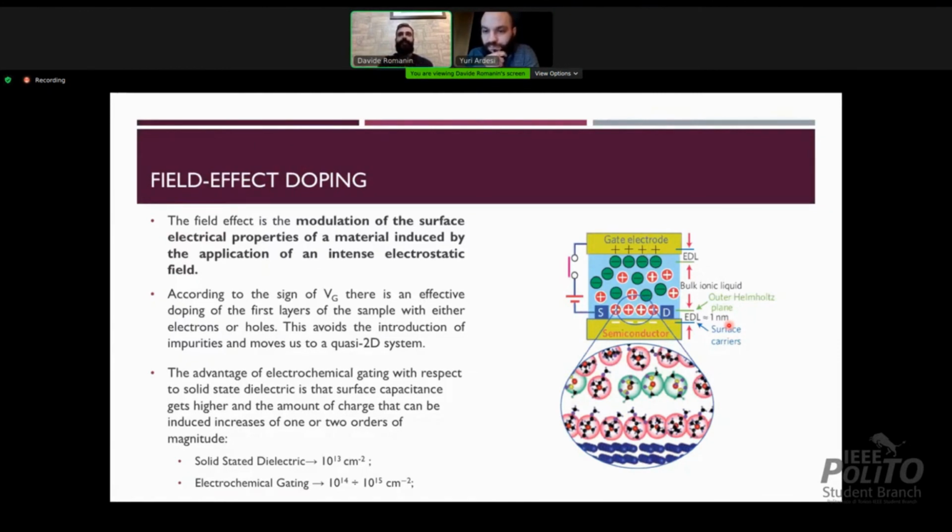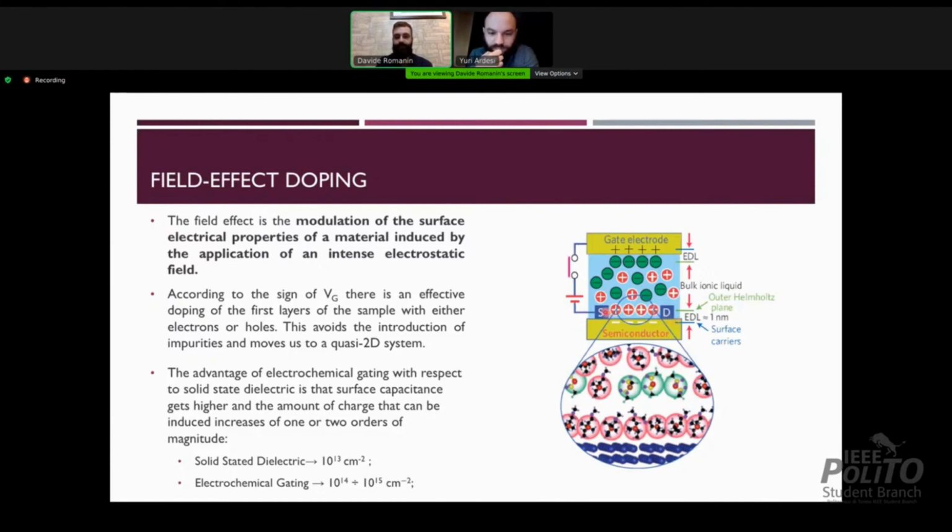Then you can also use it in resistive mode in order to see what the electric resistance is at each point. However, if you want to study the transport properties, you just create a field effect transistor.